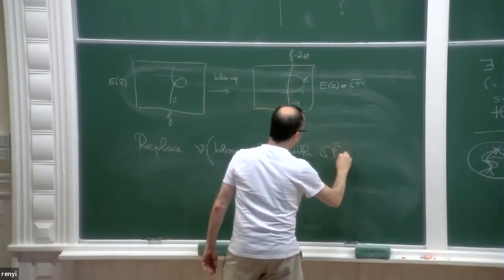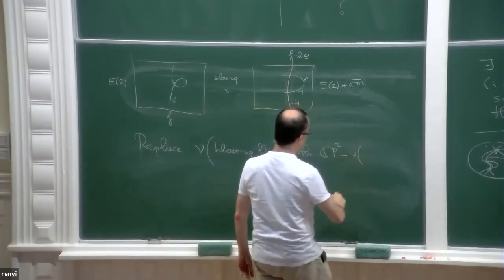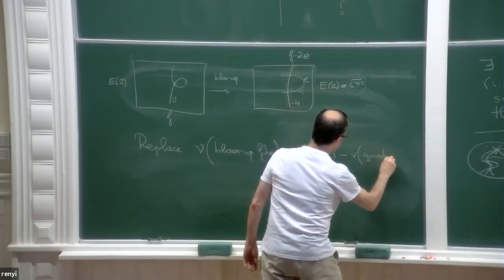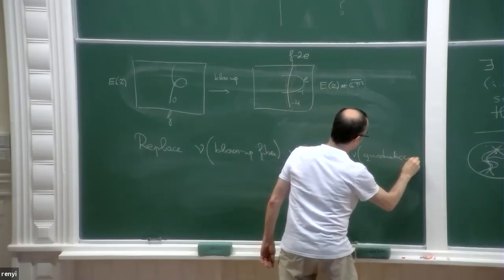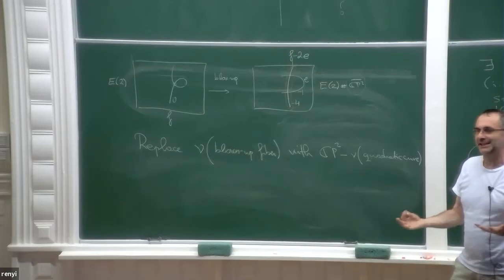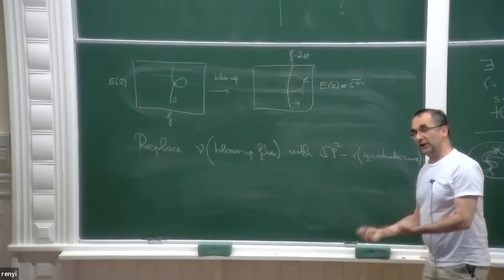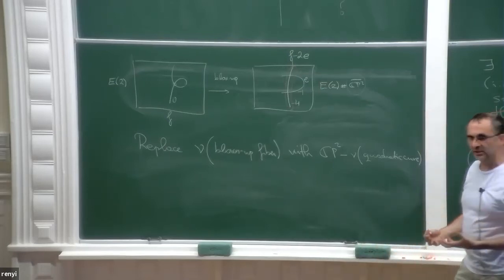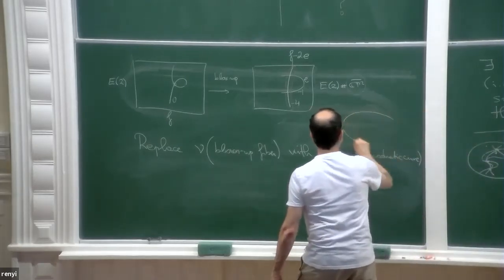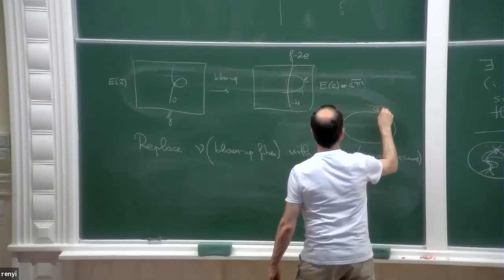CP2 minus the tubular neighborhood of a quadratic curve. A quadratic curve in CP2 is defined by a degree 2 equation. It's not very hard to see that it will be also a sphere. The intersection will be 4. So let me just try to draw something. So this is CP2.